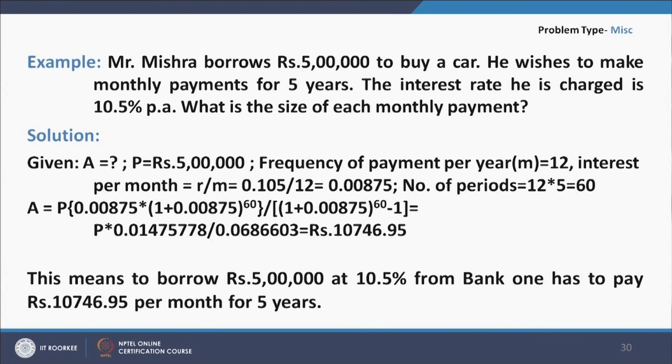Interest per month is r divided by m, which comes out to be 0.105 divided by 12, that is 0.00875, and the number of periods is 12 into 5, that is 60, because he has to pay for 5 years. We take an equation which relates A to P and put the values, and find that the value of A is 10,746.95. This means to borrow rupees 5 lakh at 10.5% from a bank, one has to pay rupees 10,746.95 per month for 5 years.